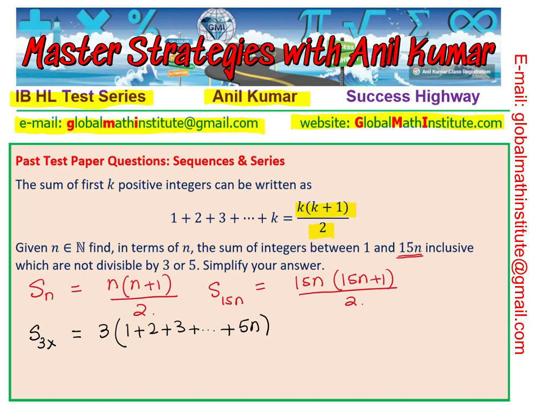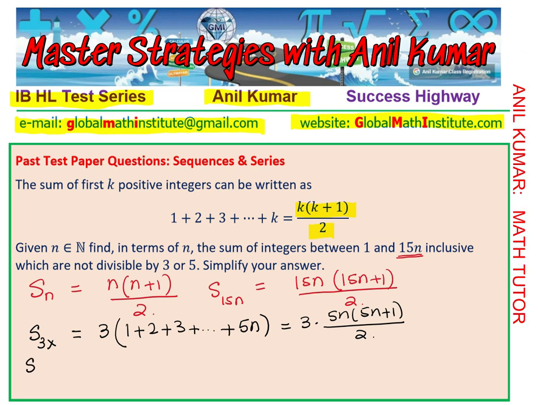You get the idea. And that is going to be 3 times, and now we have 5n, so we'll have 5n times (5n plus 1) divided by 2. Makes sense?